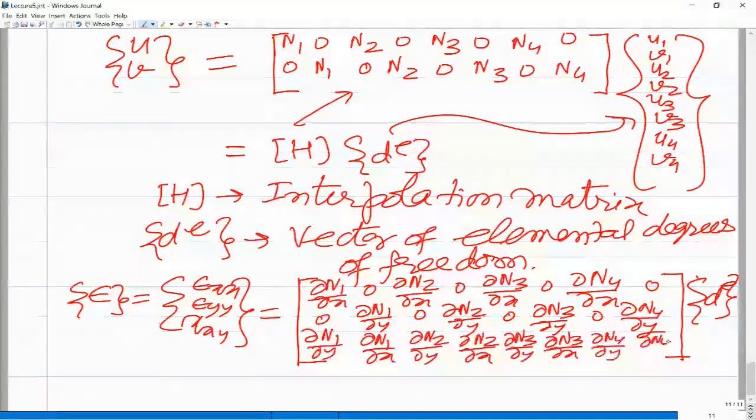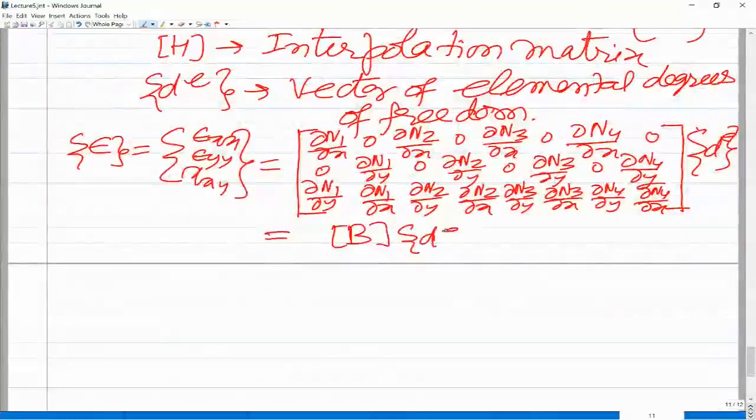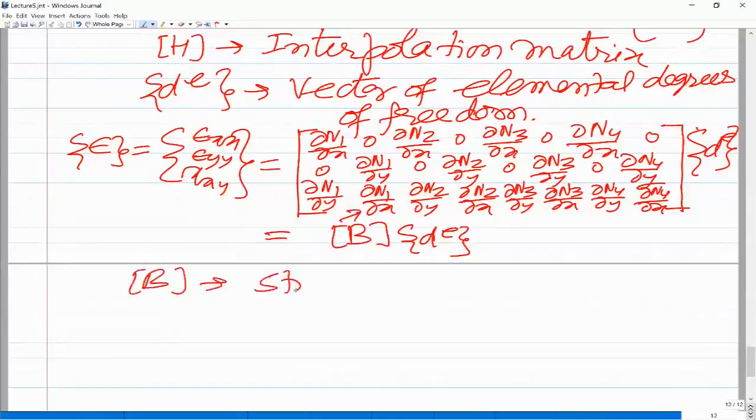So you can write like this. And in the notation we call this B into DE. So this is your B, and B we call the strain displacement matrix.